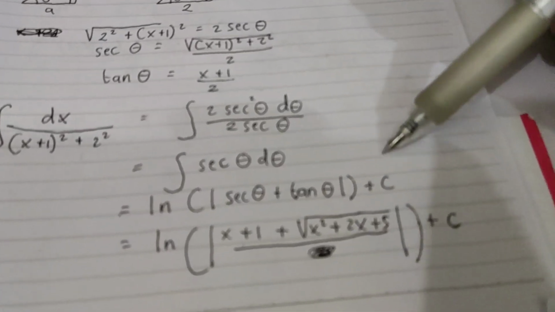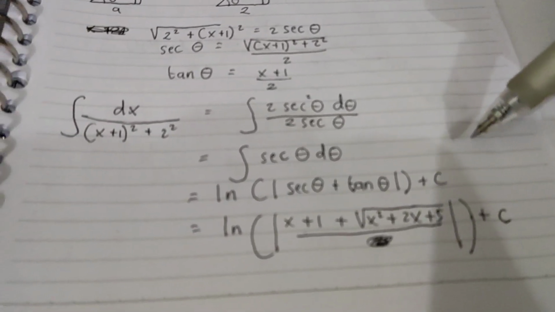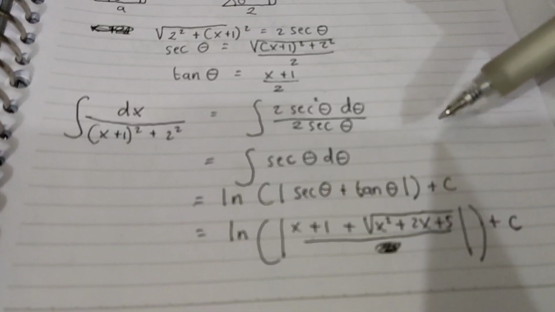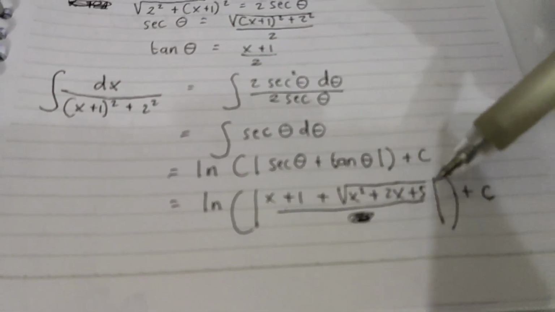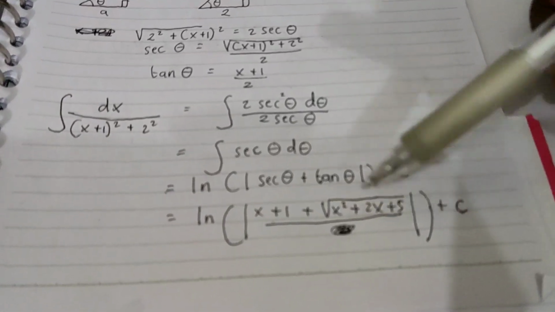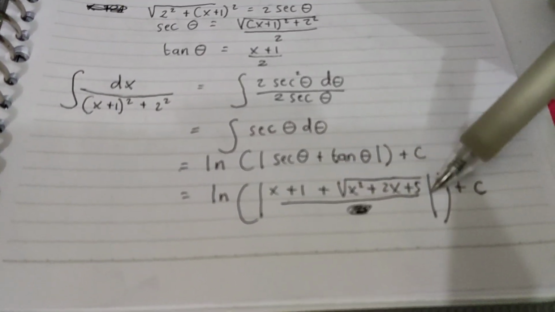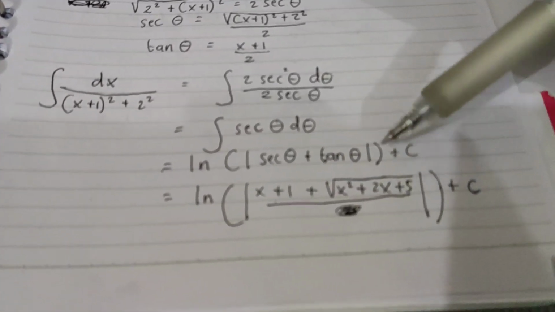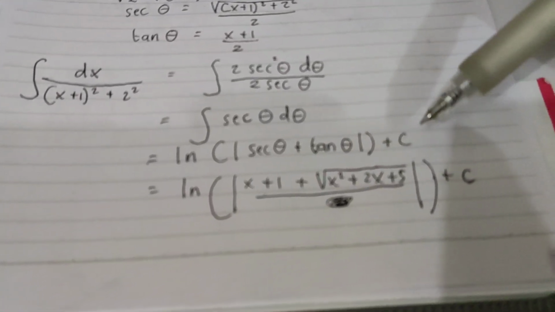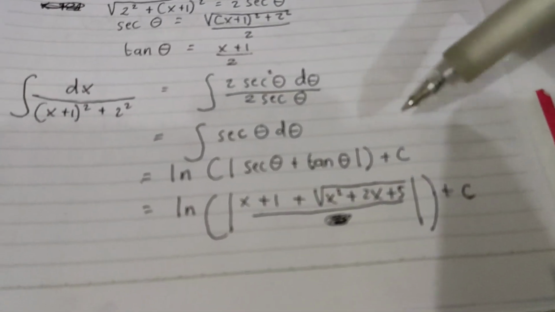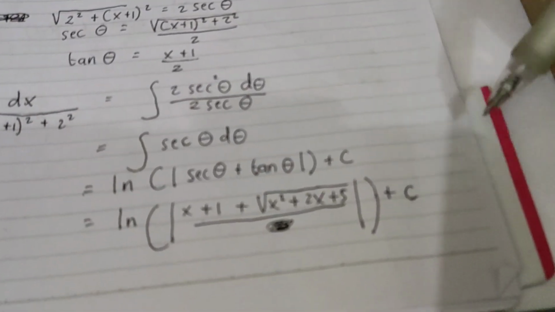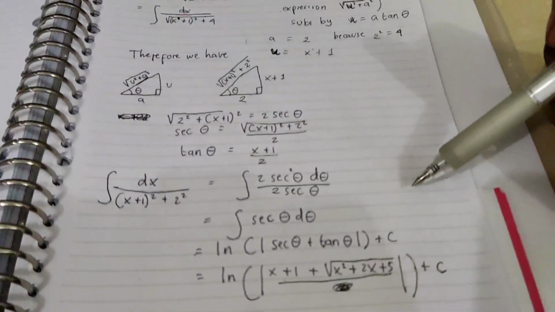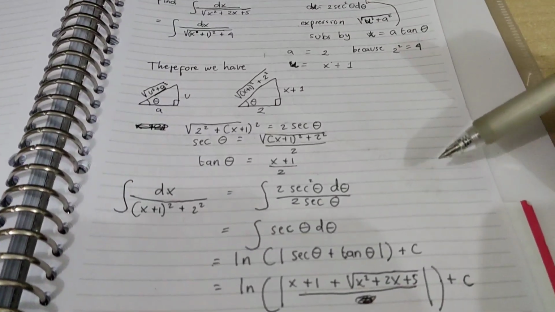We must not forget to put the constant c because it is an indefinite integral. So the last answer should be ln of the absolute value of x plus 1 plus the square root of x squared plus 2x plus 5, plus the constant c. So this is the second one.